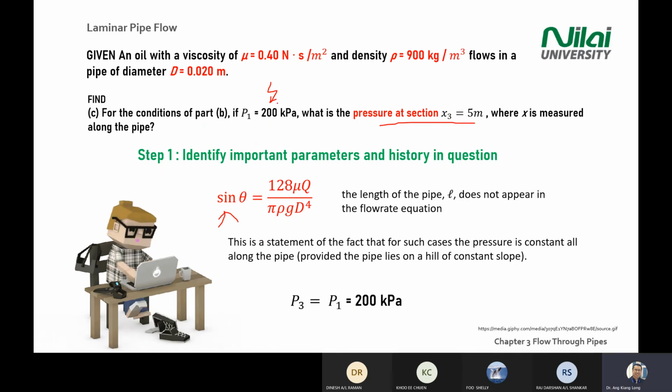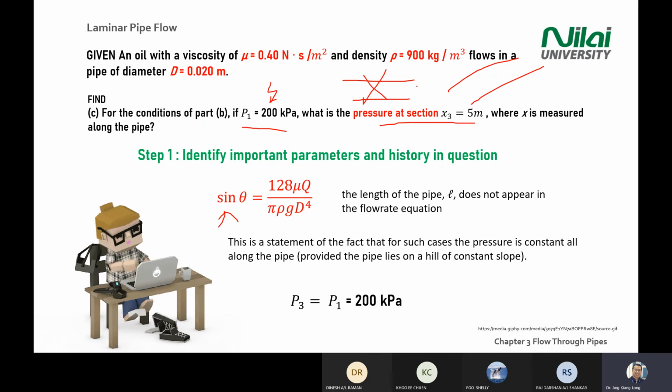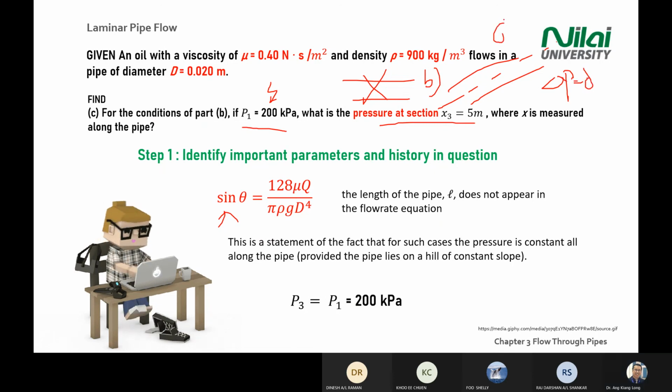Okay, if you're given the pressure at a certain point, P1 will be the same as along the pipe. Okay, along the pipe, meaning because this question is taken from B case, B is a slanted one, and the delta P that you calculate for section B is 0 because you need to maintain the Q, right? You need to maintain the Q.